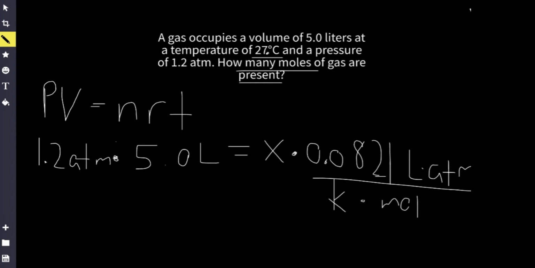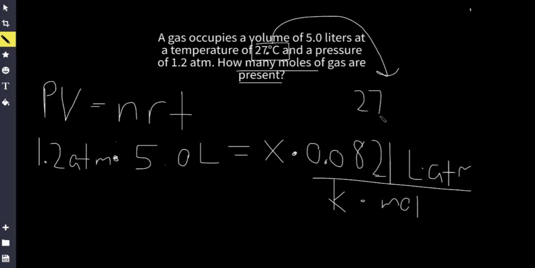You can see how the Celsius and this Kelvin unit don't match up. Therefore, you can't cancel out the units and you're not going to get the correct answer. So just make sure that your temperature is in Kelvin instead of degrees Celsius.